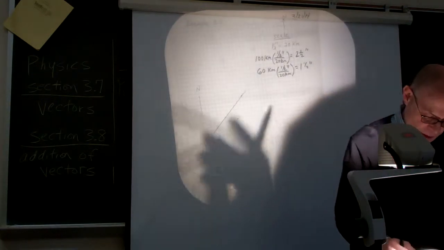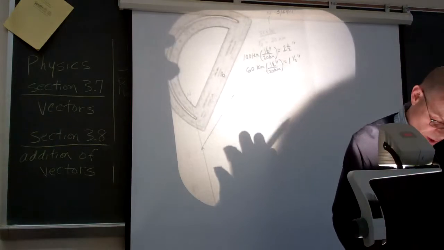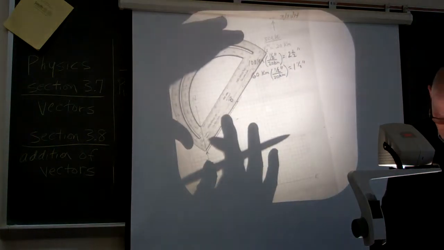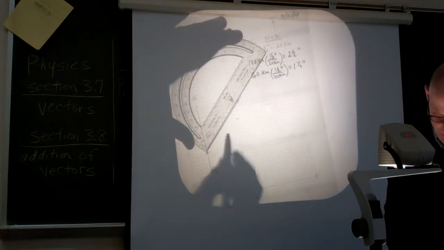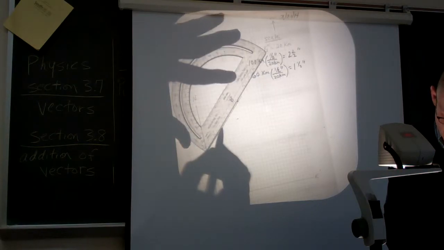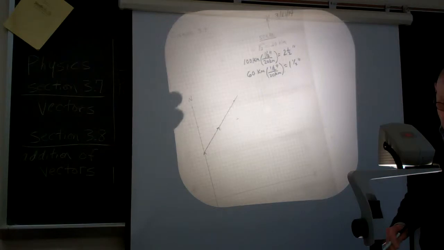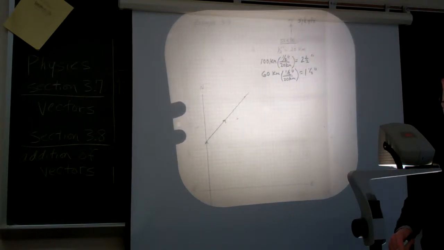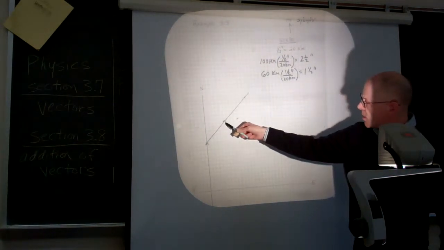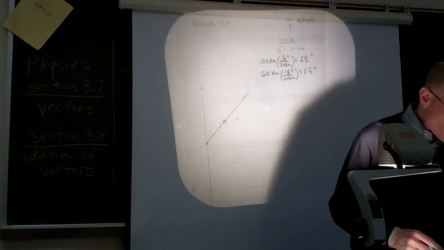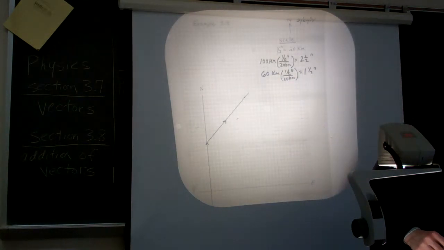And then I want to make it 1.5 inches long, so then we can mark off 1.5 inches, and it'll be right in there. All right, so I drew it a little bit too long just to get the direction, and so it comes right up to here. And then on the third day, 120 kilometers due east.